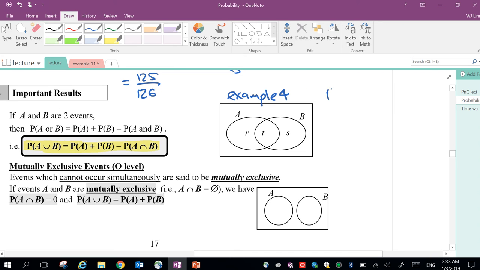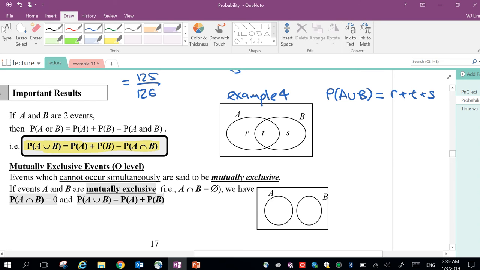A union B, what does it mean? A or B. Meaning R plus T plus S. Do you agree with me?